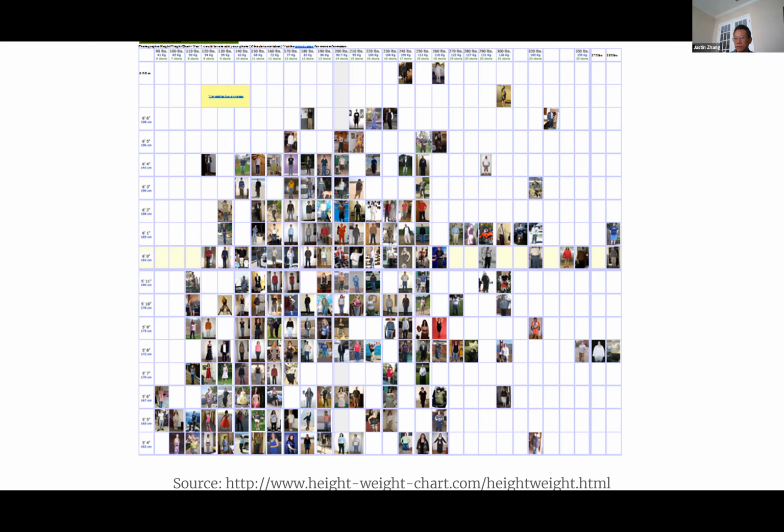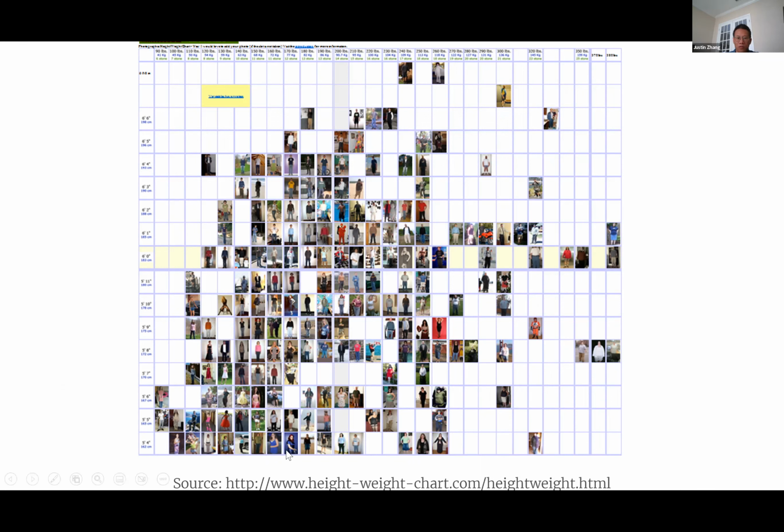height-weight-chart.com. This website shows a scatter plot of height and weight, but uses pictures of people instead of dots. Users can upload images of themselves matching various heights and weights. So you can even click on the height and weight and see what the people look like.